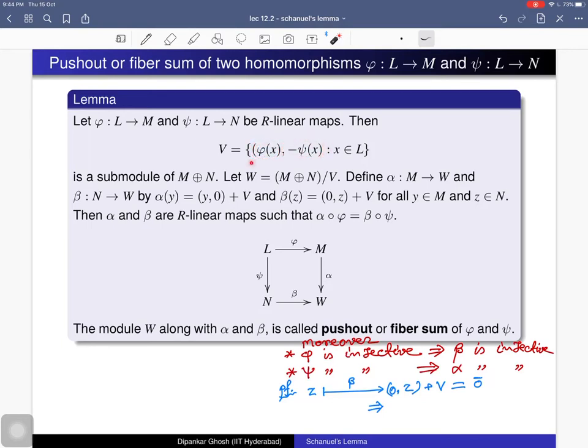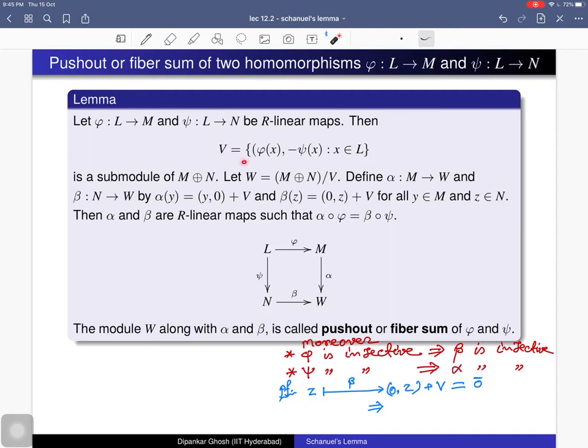So this is a subset of the direct sum, and one can verify that it contains the 0 element, namely if you take x equal to 0, then it is 0 comma 0. It is a non-empty subset, and you can prove that it is closed under addition and scalar multiplication. You consider any two elements here and add them, since both phi and psi are module homomorphisms.